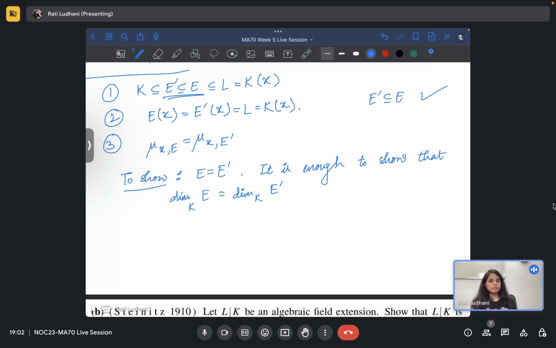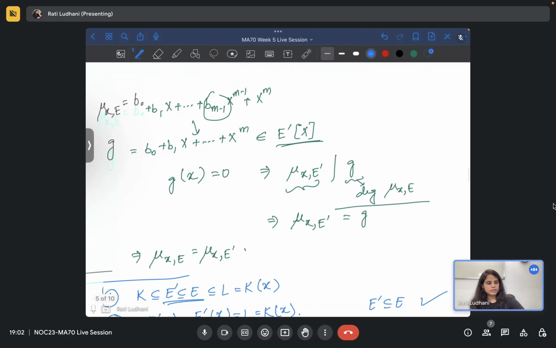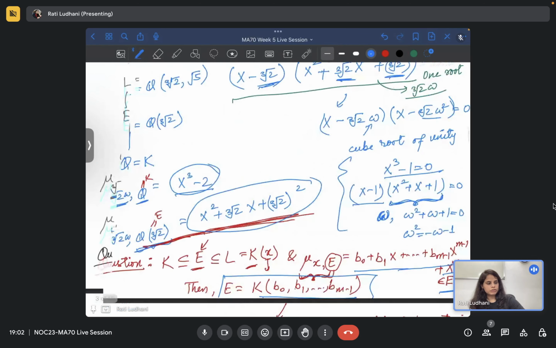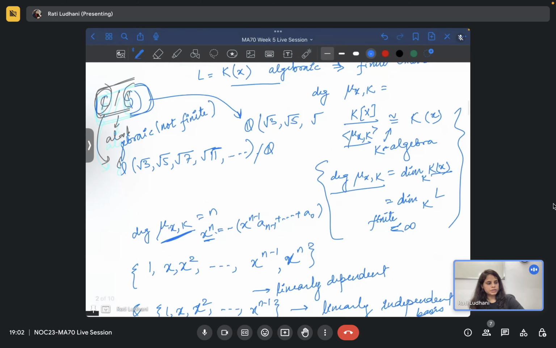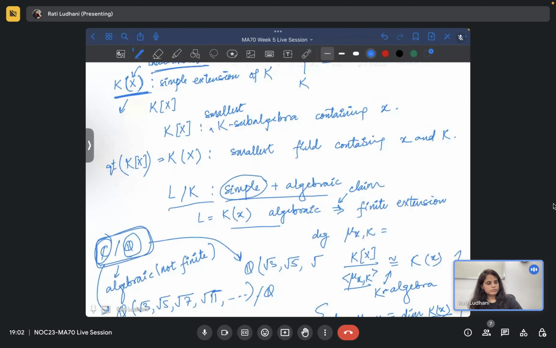Why am I sure about that? Because we already know L is a finite extension. That's why I started with this. So we have proved in the beginning that if L over K is simple plus algebraic, then it is a finite extension. Finite extension means dimension is finite. And whenever dimension is finite, then we can talk about the size in terms of dimension, right?